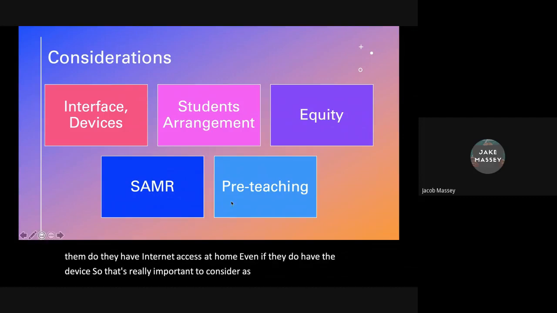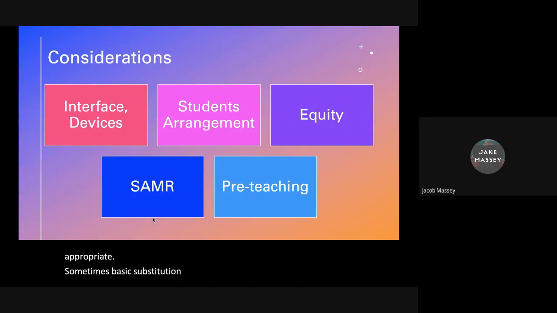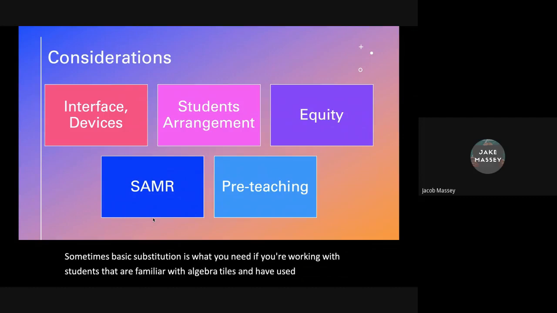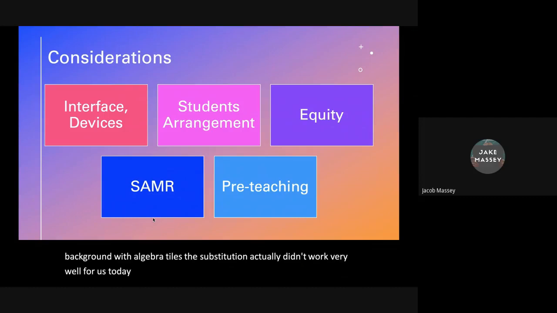Something to consider with the SAMR model is what level is appropriate. Sometimes basic substitution is what you need. If you're working with students that are familiar with algebra tiles and have used them, then that might be great. But as I think some of you discovered today, because you didn't have much background with algebra tiles, the substitution actually didn't work very well for us today, and I'm okay admitting that.